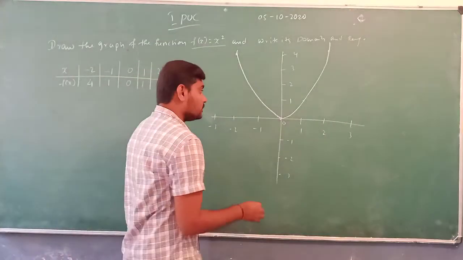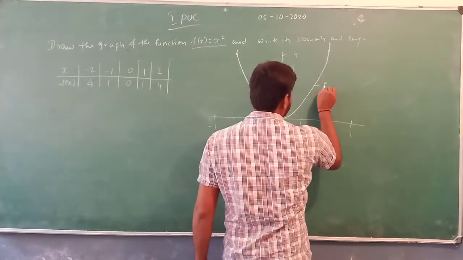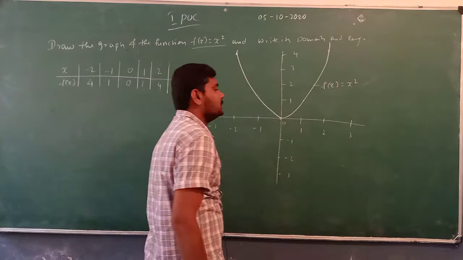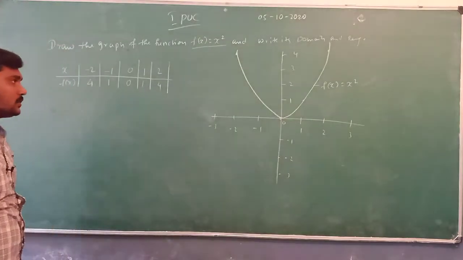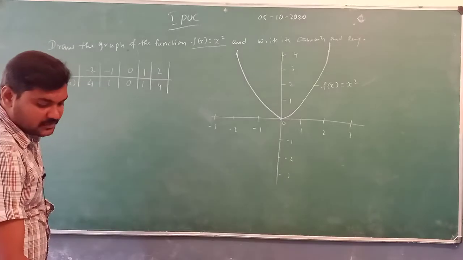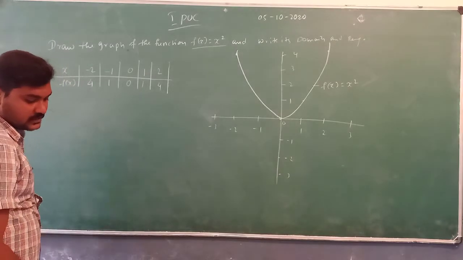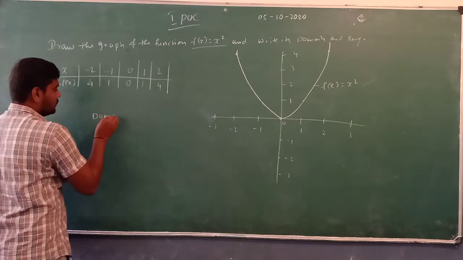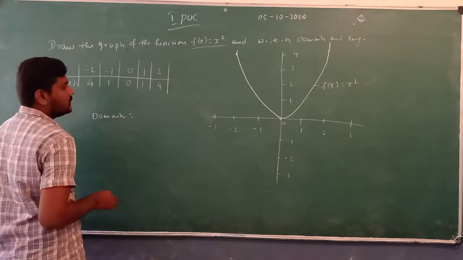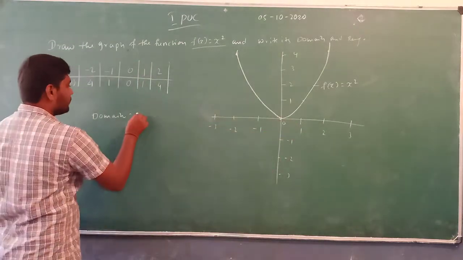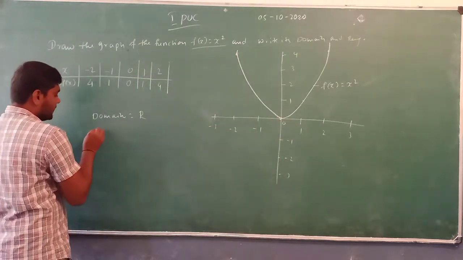So this graph is of the function f of x is equal to x square. Here they have asked us to mention the domain as well as the range. So the domain is going to be the set of real numbers, that is R. What about the range?